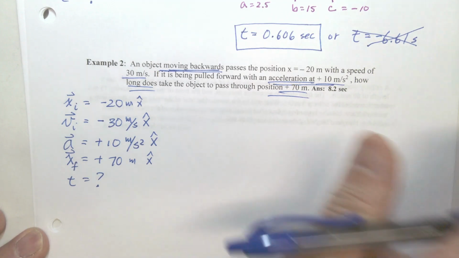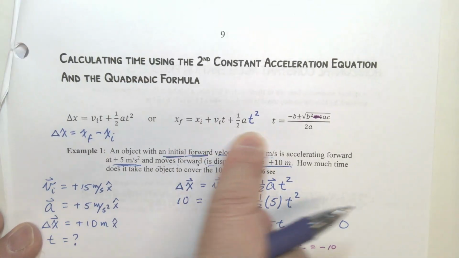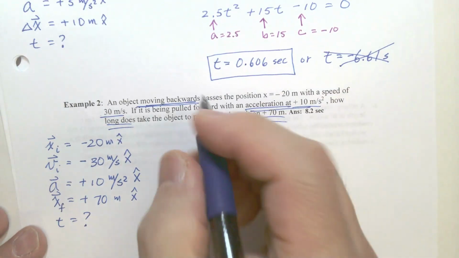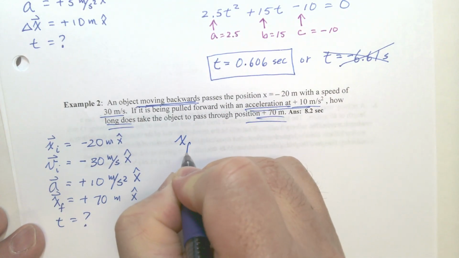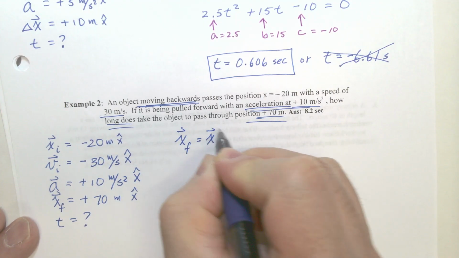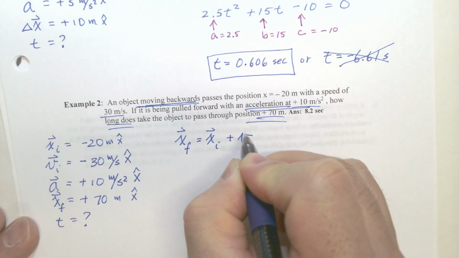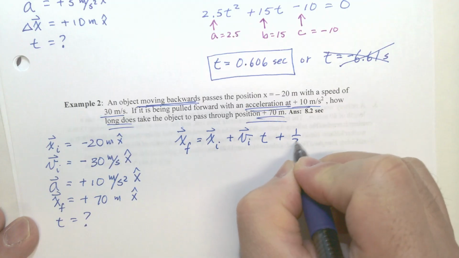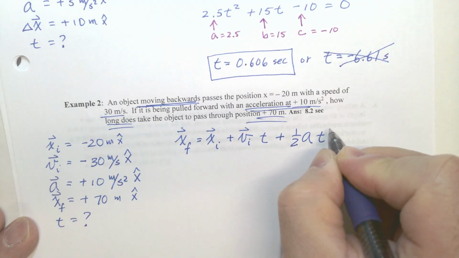Then we can probably use this equation right here, which is x final equals x initial plus vi times time plus 1/2 times a times t squared.